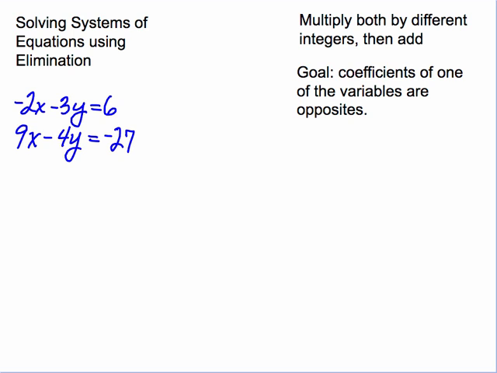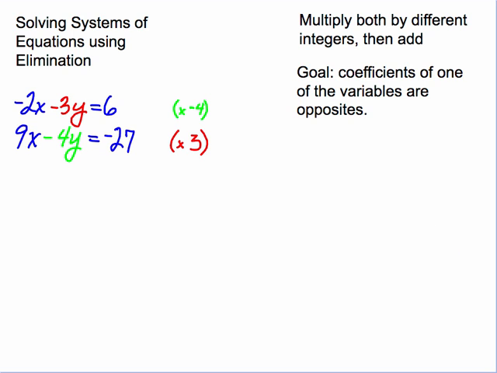Now in this example, we see that not only are the coefficients not opposites, none of the coefficients are the same, and unless we use fractions, none of the coefficients in one equation can be multiplied by an integer to get a coefficient in the other equation to be the opposite.